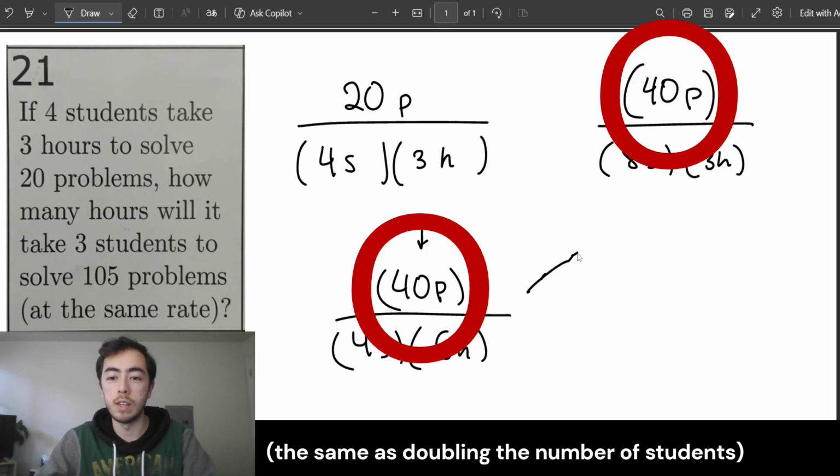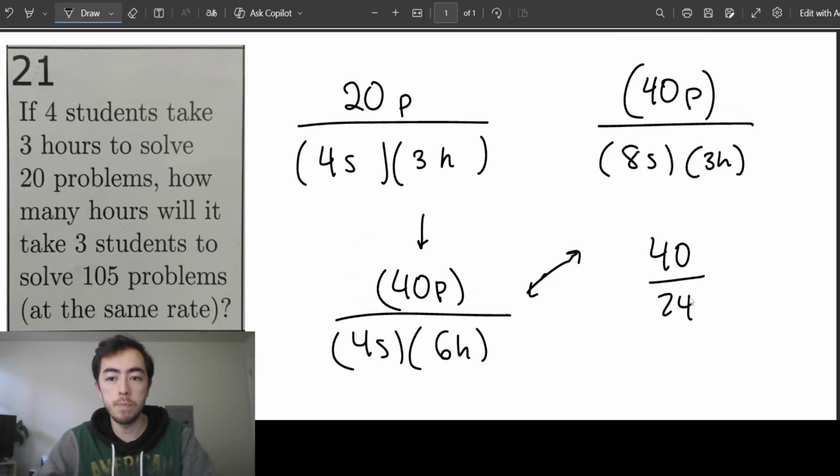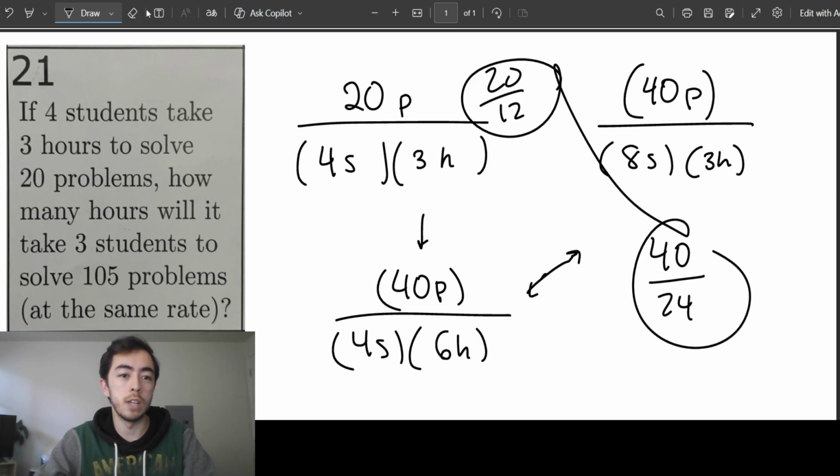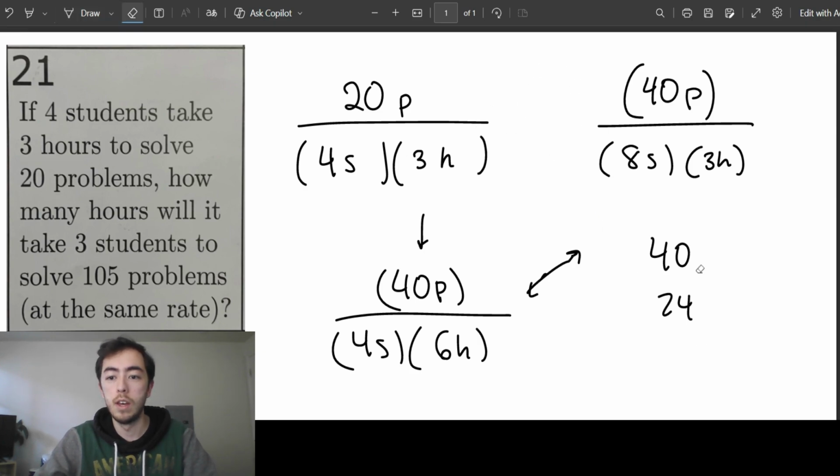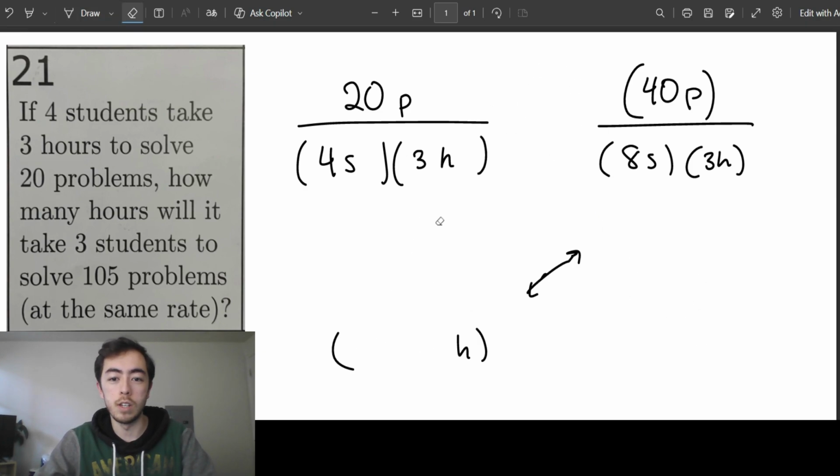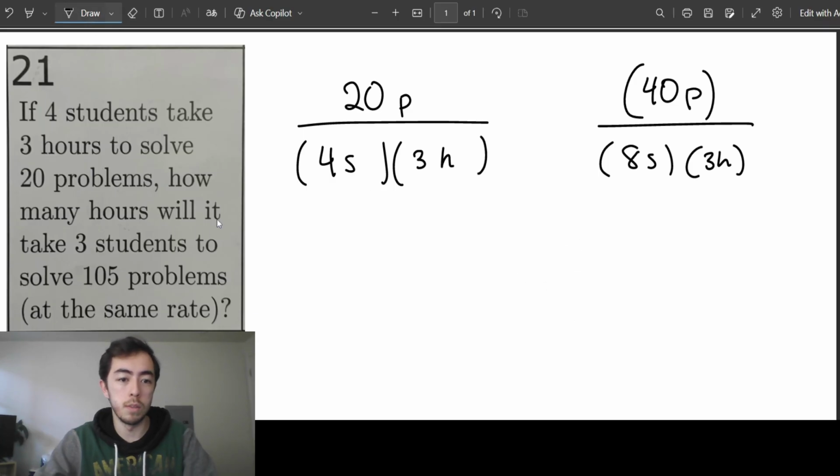And if we compare these numerically, we just get 40 over 24 for both of them. This fraction that we began with is 20 over 12, and we are keeping the proportions the same.